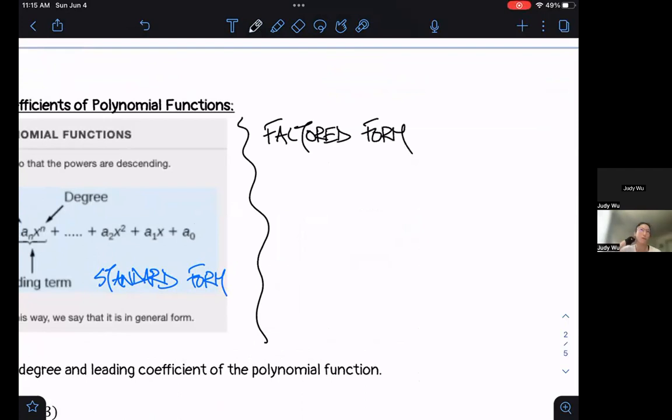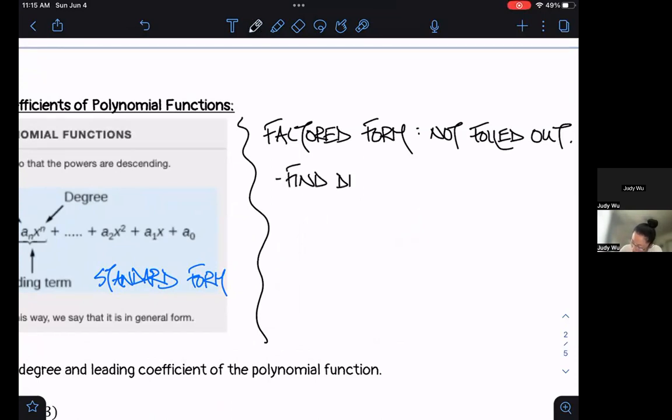Okay, and so in factored form, what we really mean is that it's not FOILed out. All right, I haven't distributed anything. It's not FOILed out.